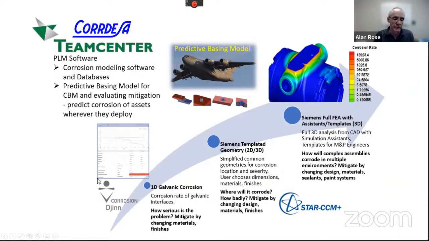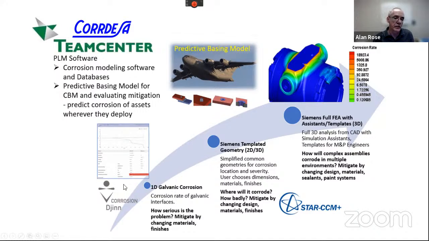Whenever I'm doing an engineering calculation, we call it the back of the envelope calculation, or some Excel spreadsheets or MathCAD, and you kind of go step by step, increasing complexity, because you might be able to iron out some issues early on. And that's the same way that we approach our work on corrosion analysis.